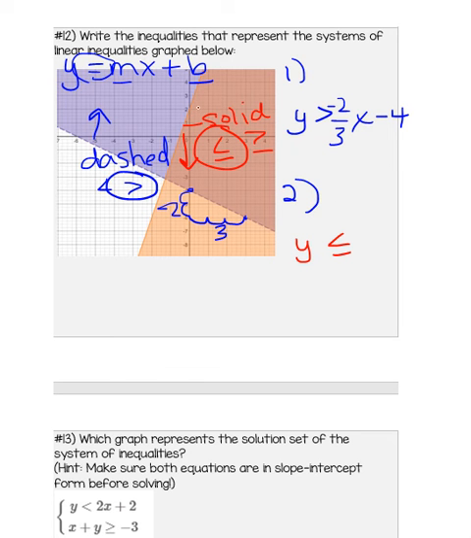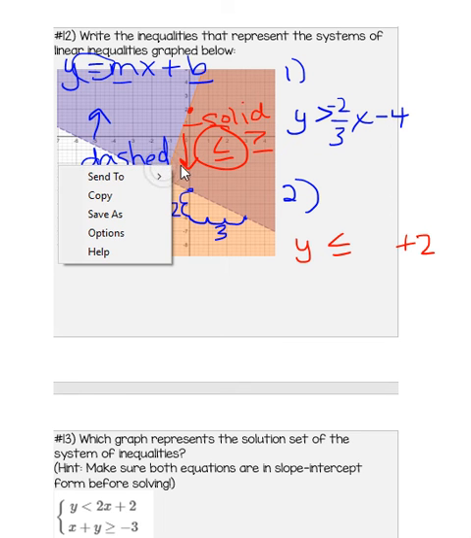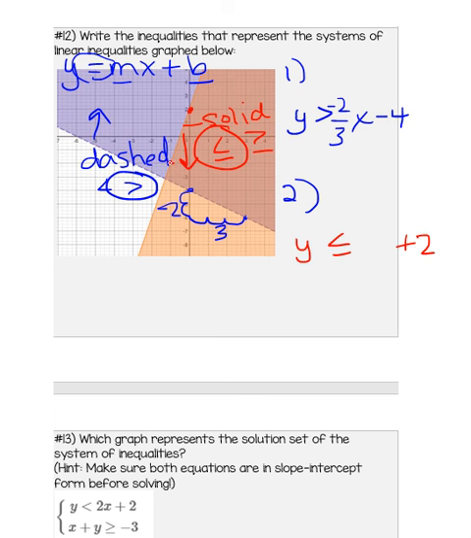Okay, where does it go through the y-axis? Well, here's my line. It goes through, looks like here at 2, so plus 2. And then I find another coordinate on the graph where it's going through nicely for me. I see it looks like it's going through right here. Okay. I know it's kind of messy and small, but that's okay.